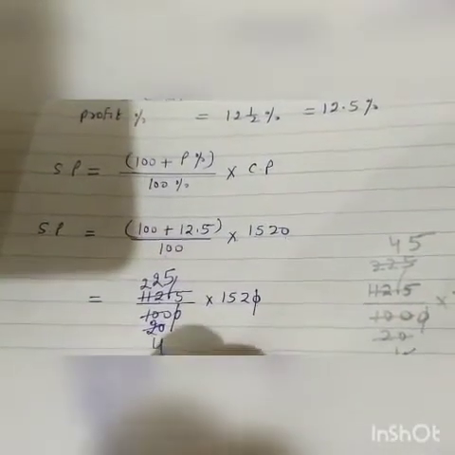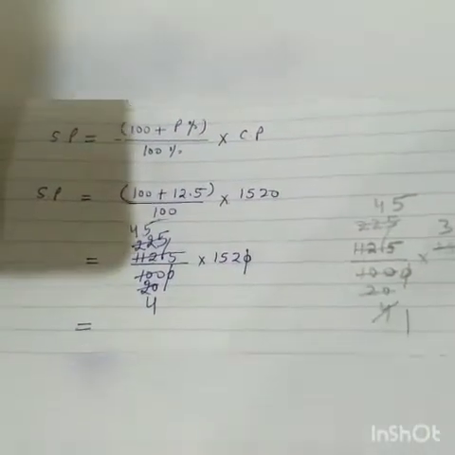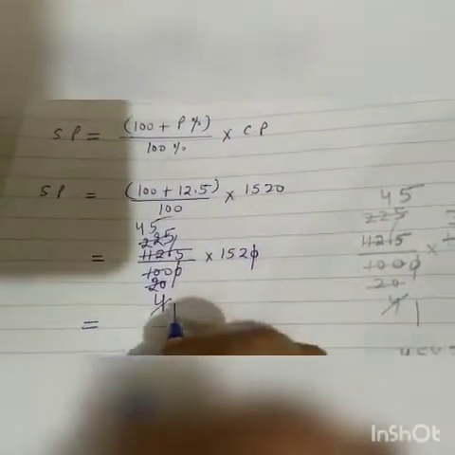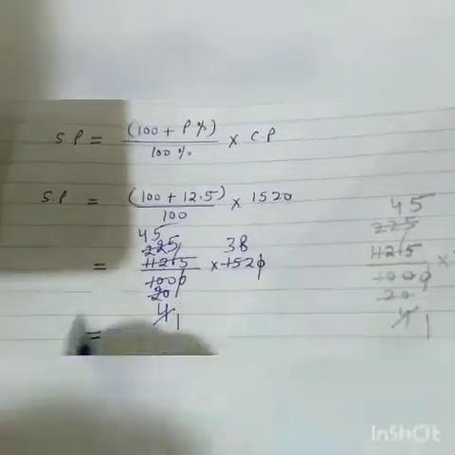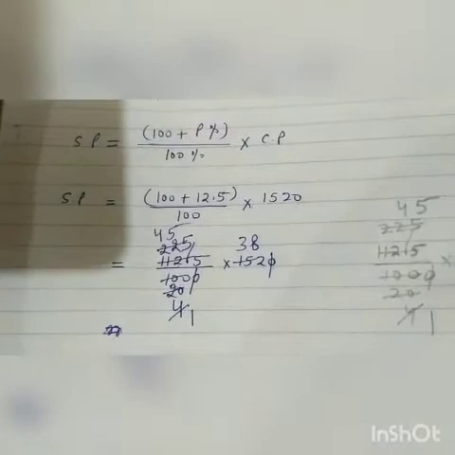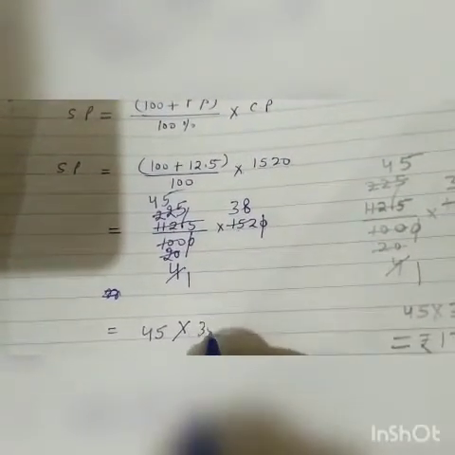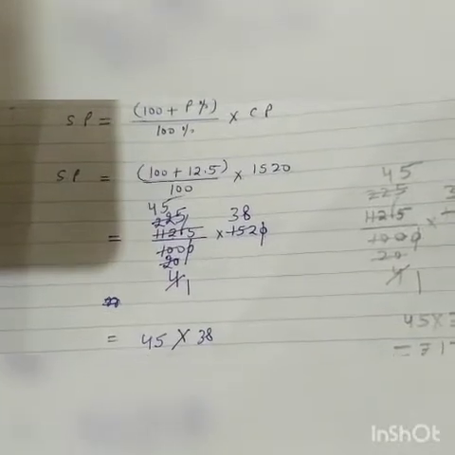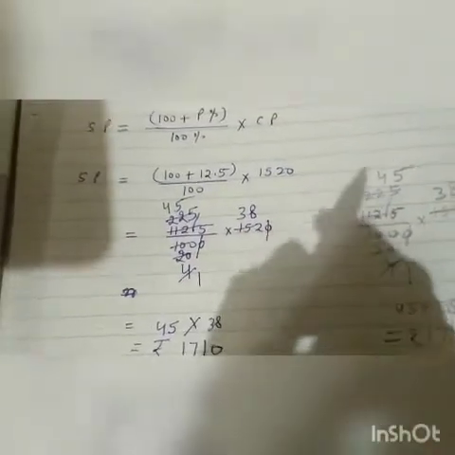Then 5 4s are 20. 5 4s are 20, 5 5s are 25. Now 4 1s are 4, 4 3s are 12, 3 remainder 32. 4 8s are 32. It is 45 into 38, then rupees 1,710. So the selling price of the chair is 1,710.